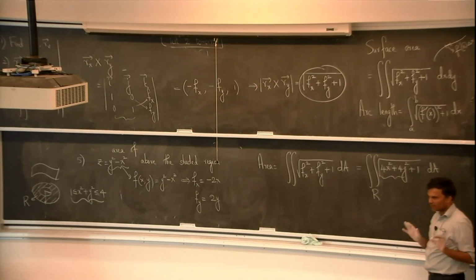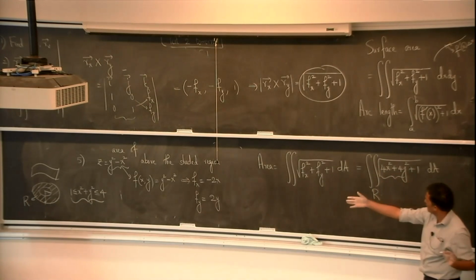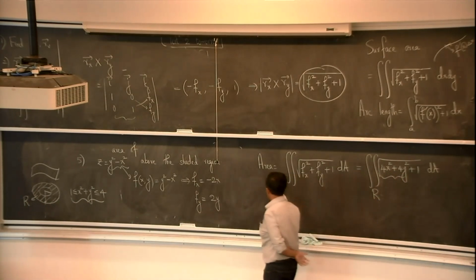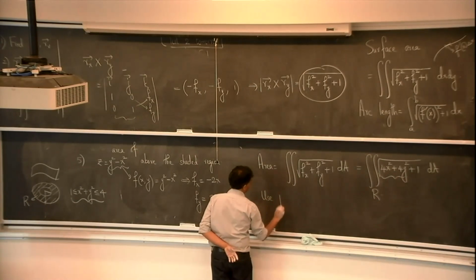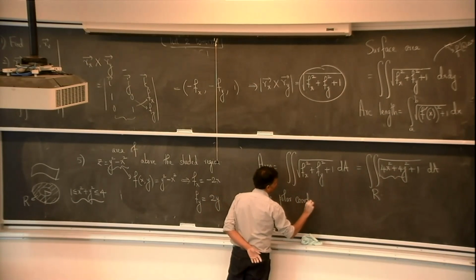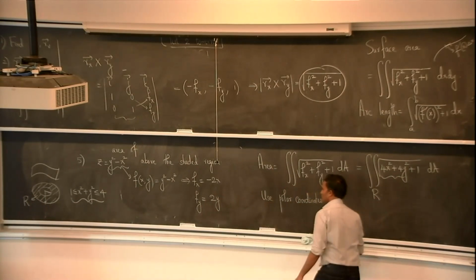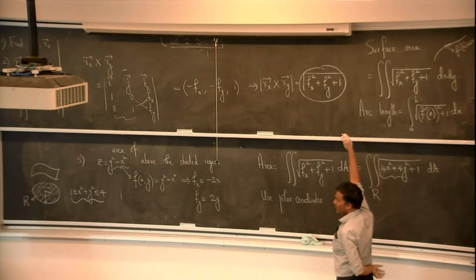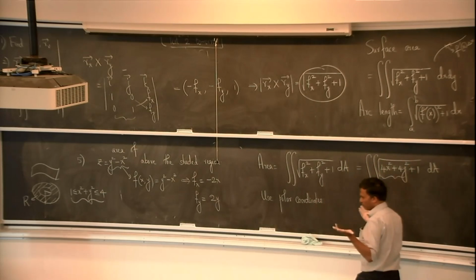What coordinates? It's a double integral. So, polar coordinates. Because it's circular, you have got 4x squared plus 4y square. Use polar coordinates. Either way, if you were to parameterize it properly, you would have gotten the same integral, but without parameterizing, you have to use polar coordinates.